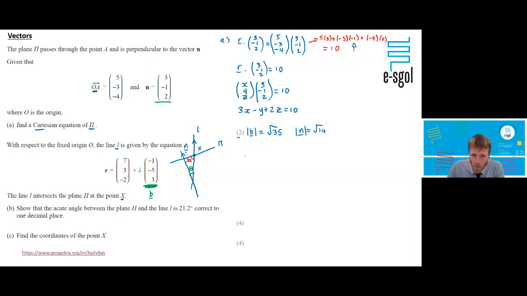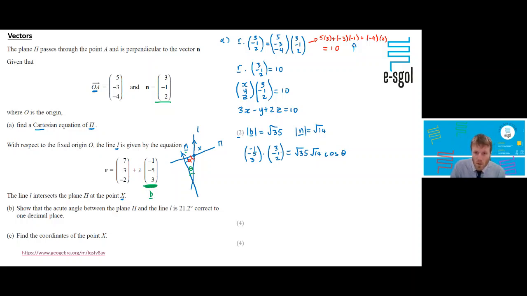Then we're using the fact that the scalar product of the two vectors, so (-1, -5, 3) times (3, -1, 2), equals the modulus of both of them, so root 35 times root 14 times the cosine of the angle that is between them.